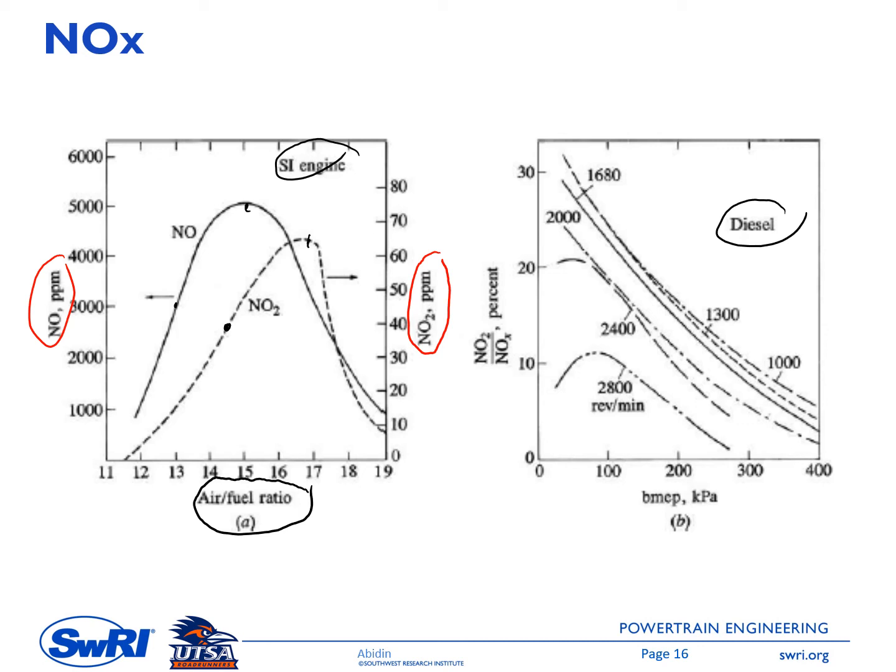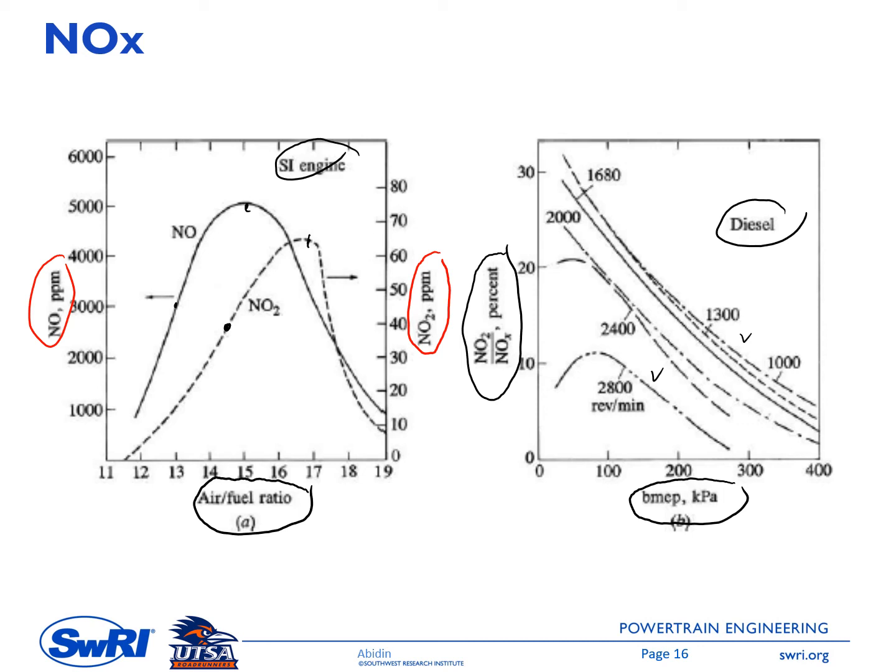On the right side, we have NO2 over NOx as the vertical axis, as a function of engine load at different engine speeds. As you can see here, we have a much higher NO2 over NOx compared to the spark ignition engine.